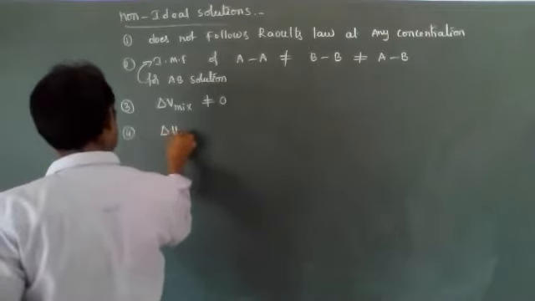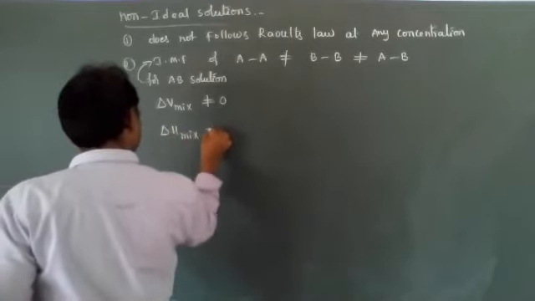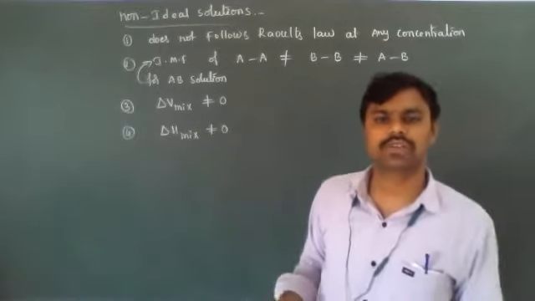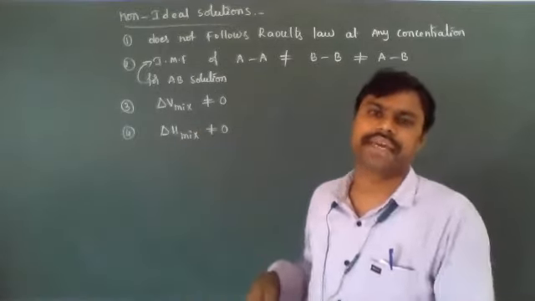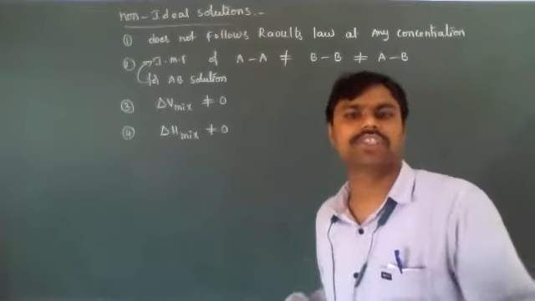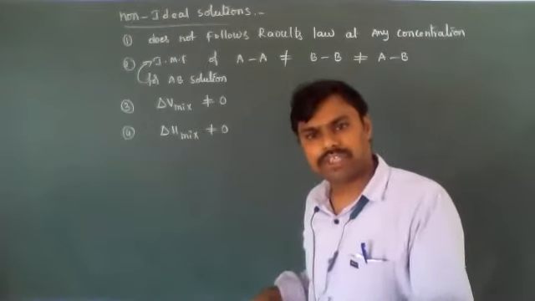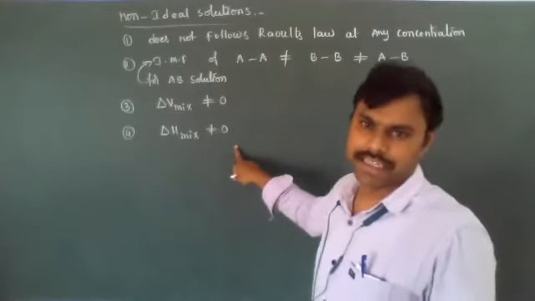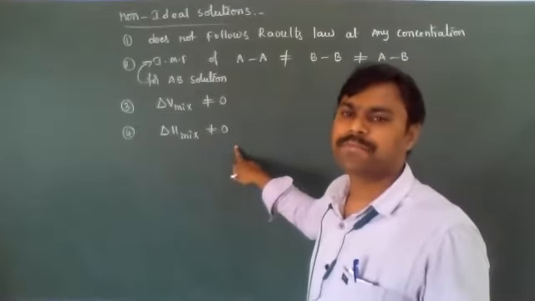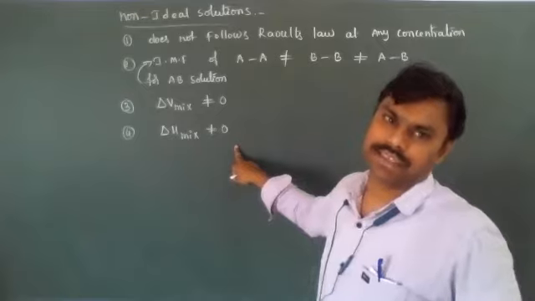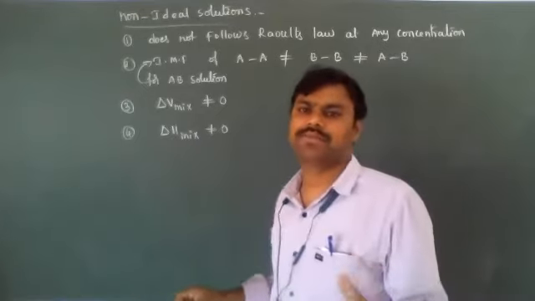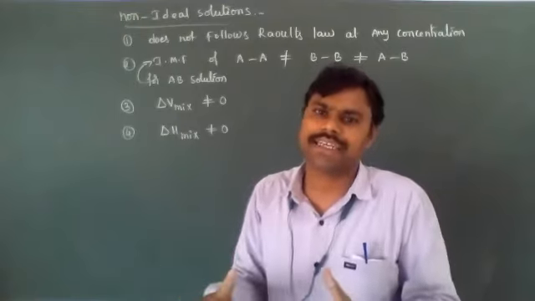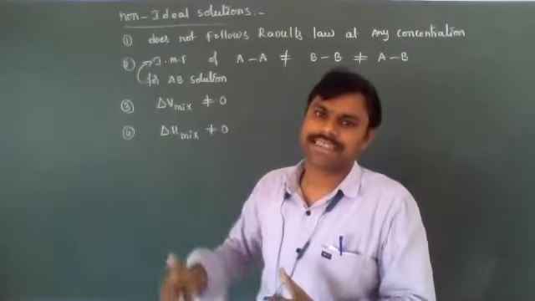Another important point is delta H mixture is not equal to 0, which means the enthalpy of the solution is also not equal to 0, so it may be positive or negative. If delta H mixture is positive, the formation of the solution is an endothermic process; it absorbs heat. If delta H is negative, the formation of the solution is an exothermic process, which means it releases heat.